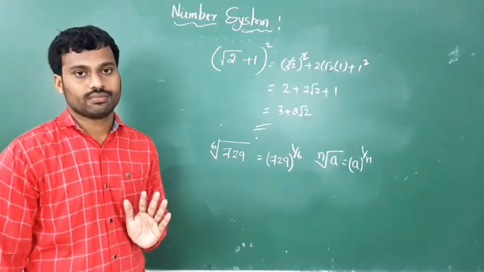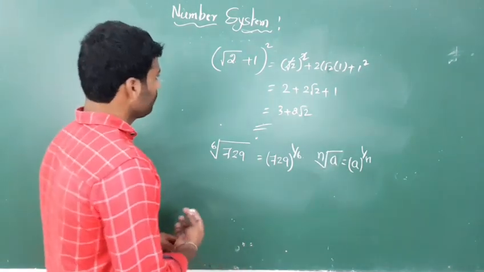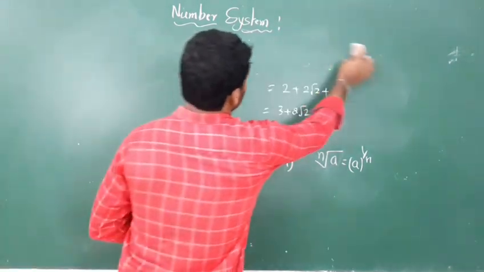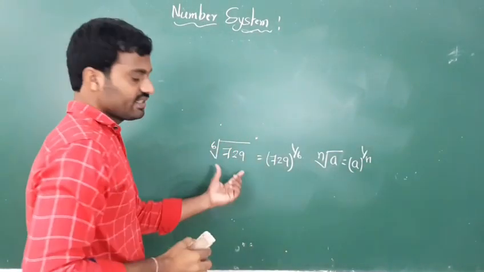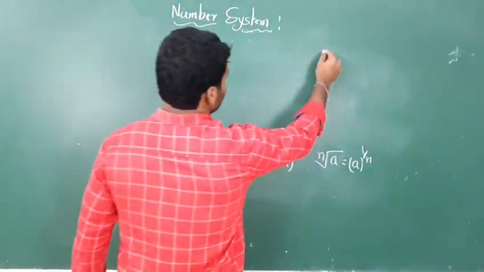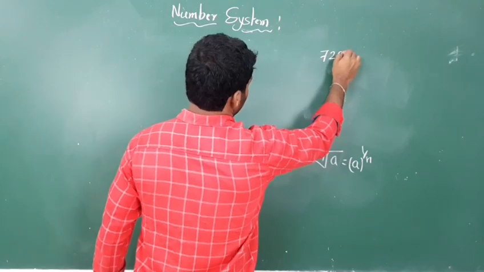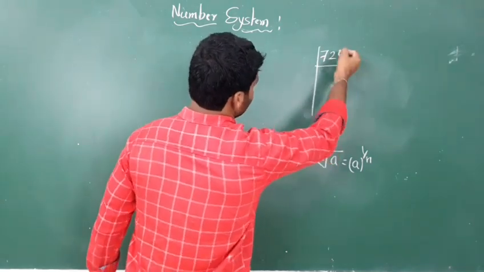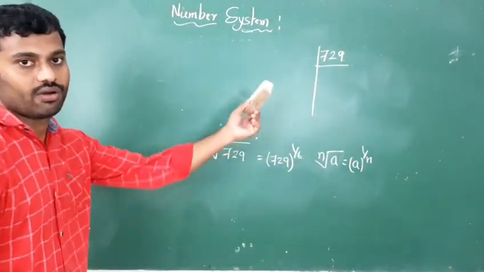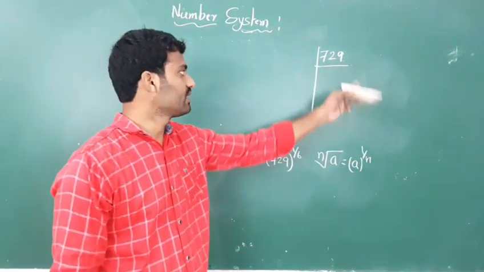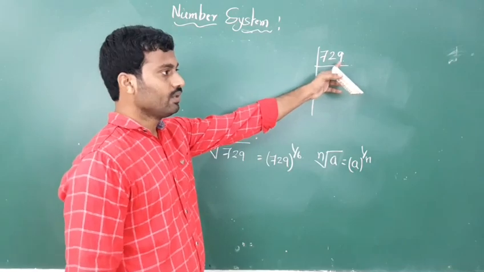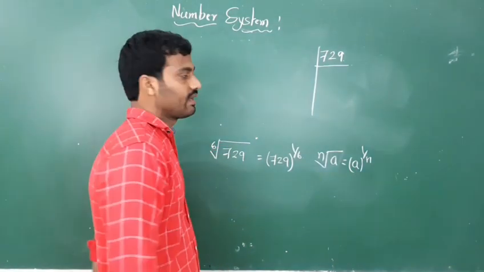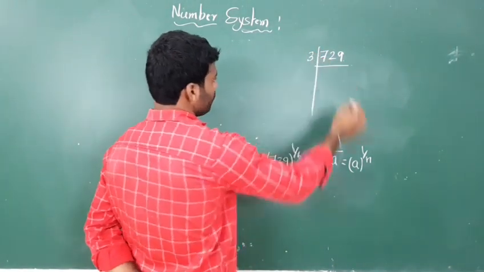So for that you have to simplify this 729. See, 729 is divisible by 3. It can't be divisible by 2. Why? Because the last digit is 9. So you go with 3 only.